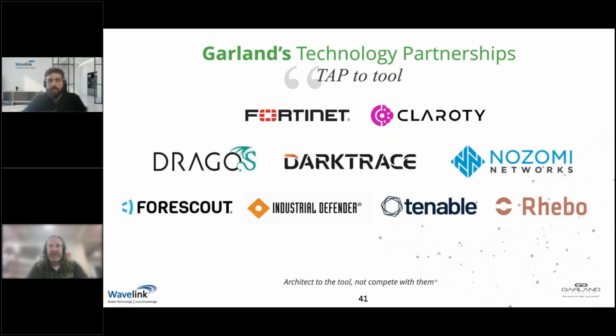The nice thing with our technology is we're pretty independent, meaning that any security tool can take traffic from our taps, packet brokers or data diodes.